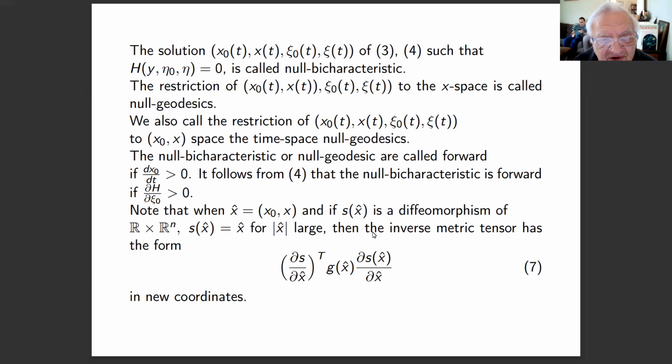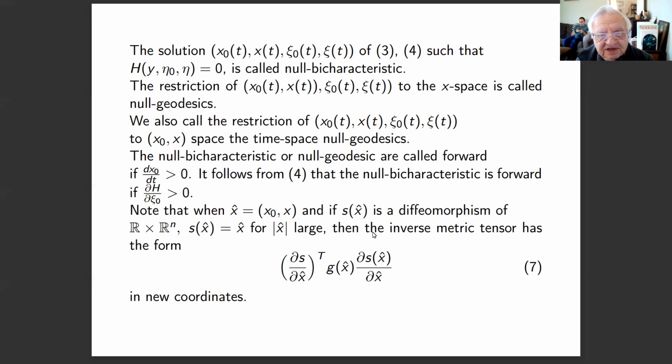We will have two kinds of geodesics: null-geodesics, which are the projection to x space, and also null-geodesics which are the projection on x0, x space. The latter we call time-space null-geodesics. So time-space null-geodesics are the projection of the Hamiltonian system on x0, x space.